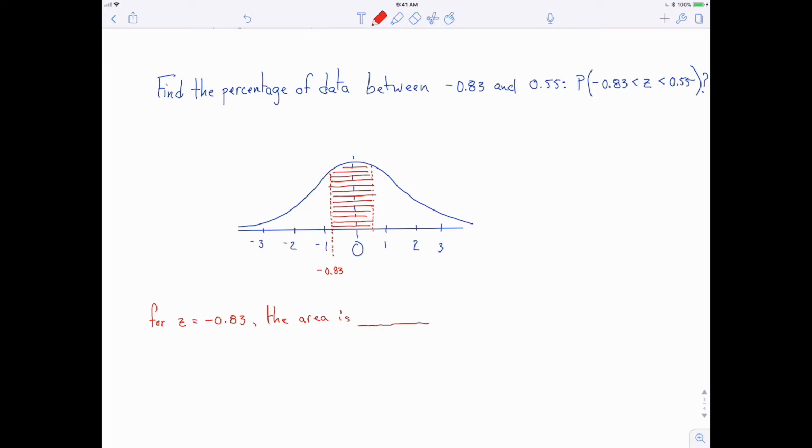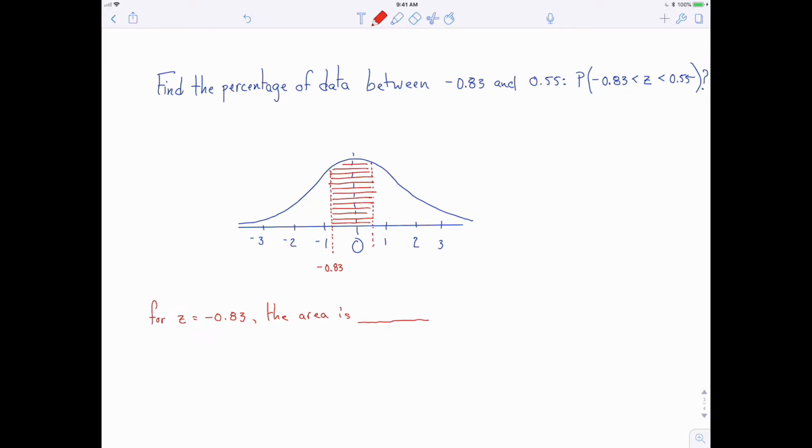And then we're also going to do it here for 0.55. So then we'd say for z equal 0.55, the area is, put an underline, and let's go fill out, complete both of those.